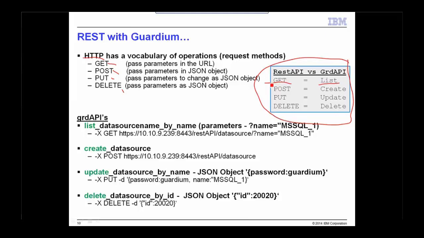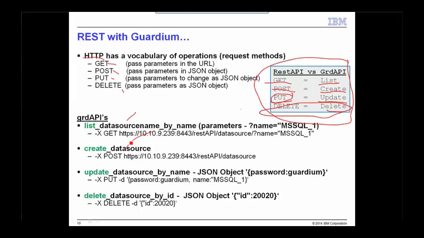If you want to list a data source, for example, you're going to use a get. If you want to create a new group, you're going to use a post. If you're going to update an existing group or a data source, then you're going to use a put. If you're going to execute the audit process results, you're going to use a put, for example. And if you're going to delete something, like delete member from group, you're going to use delete.